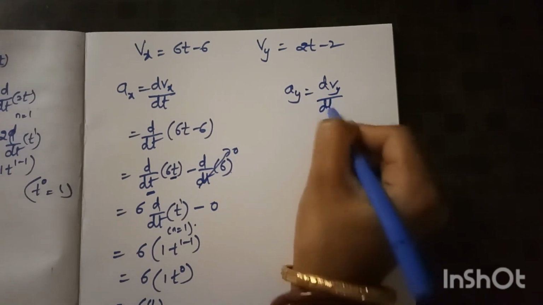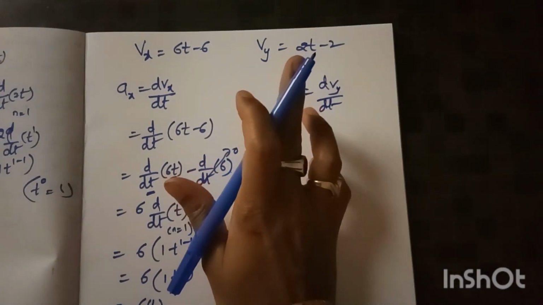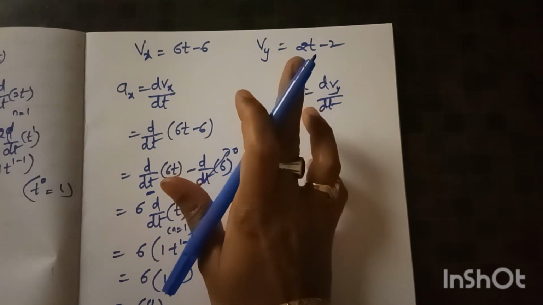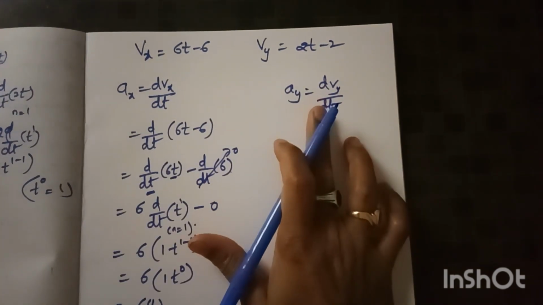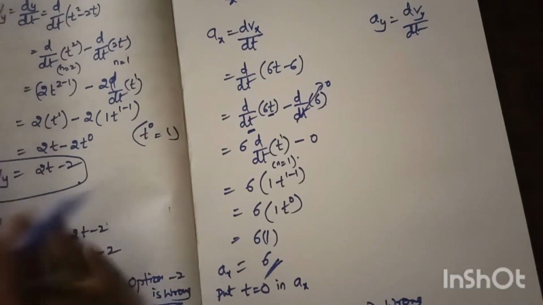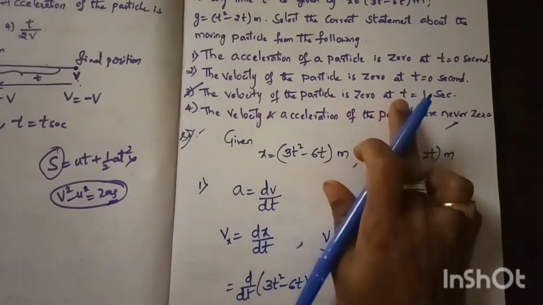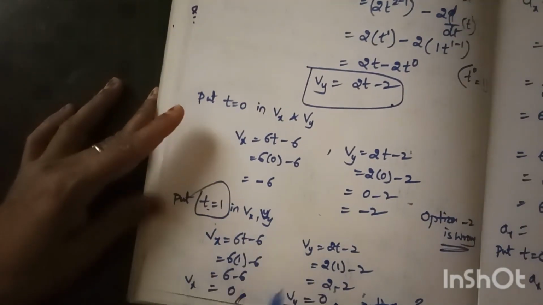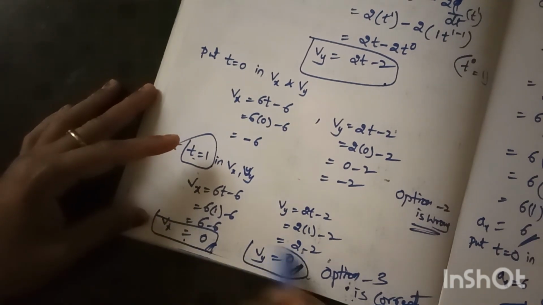Both Ax and Ay should become 0 to choose option 1 as right. So option 1 is wrong, and there is no need to find Ay. So the correct option is the third one: the velocity of a particle is 0 at t equals 1 second. You can see that at t equals 1, Vx and Vy are 0. So option 3 is correct.